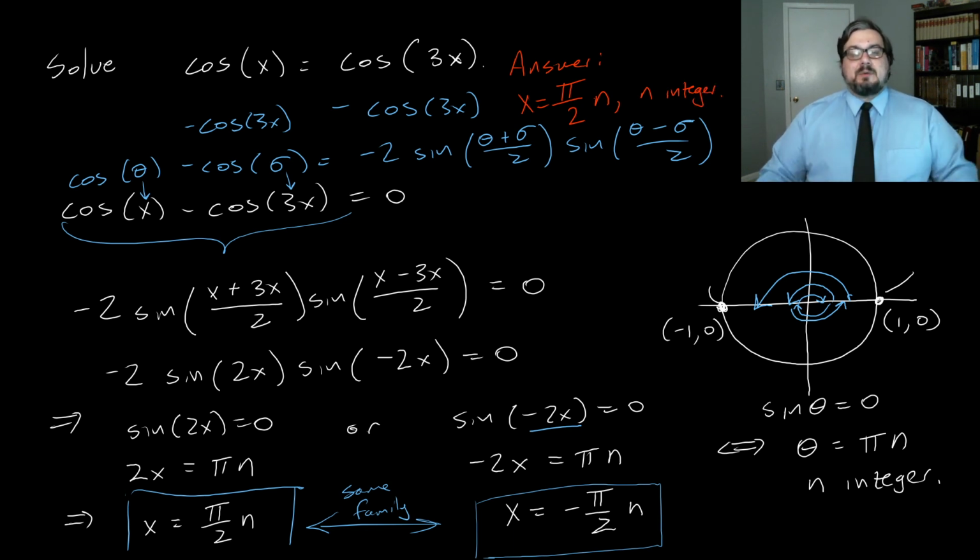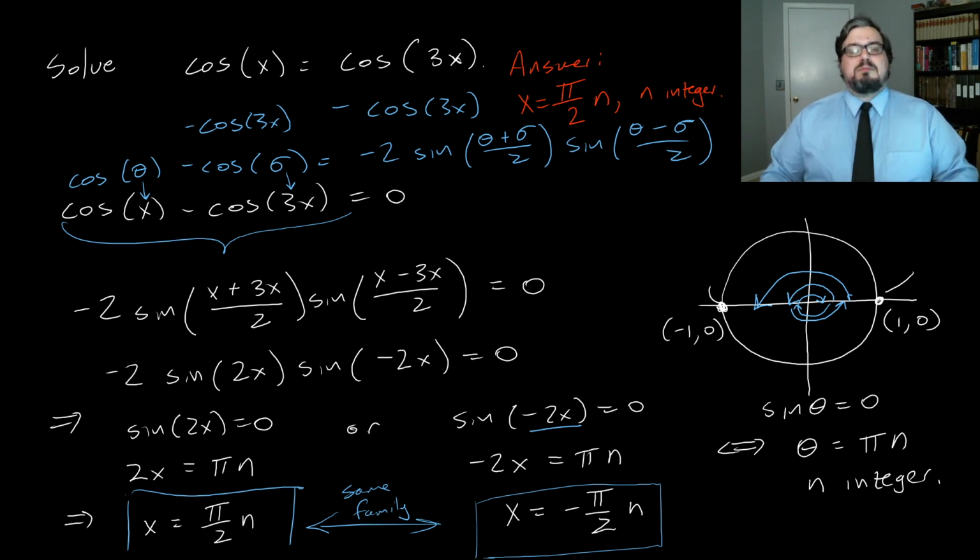And that's the basic idea behind how we can use the sum to product formulas to solve equations. If we can take an equation that we're trying to solve and rearrange it so that we have 0 on one side and a sum or difference of sines or cosines on the other side, we can use the sum to product formula to turn it into an equation we can solve using the zero factor theorem, as we did here.